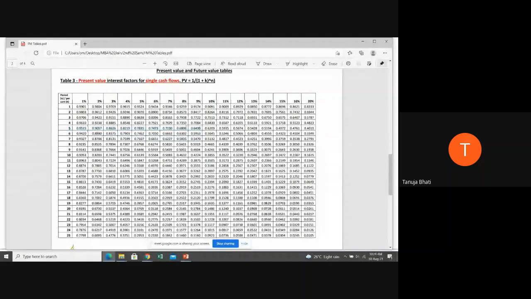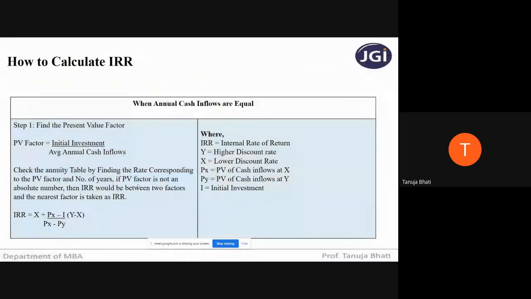So you know that 0.67 is lying between 8% and 9% somewhere, correct? They are telling here, if PV factor is not an absolute number, then IRR would be between two factors, and the nearest factor is taken as IRR. So between 8% and 9%, somewhere the IRR is lying in between. You have to take that factor. Now, how to calculate that in between is using this particular formula.